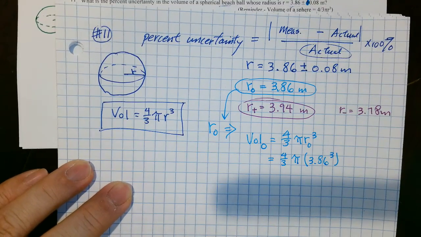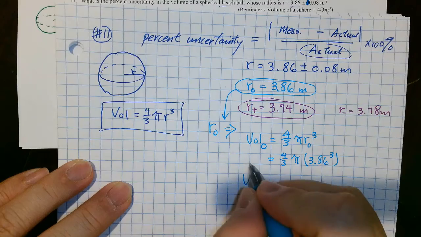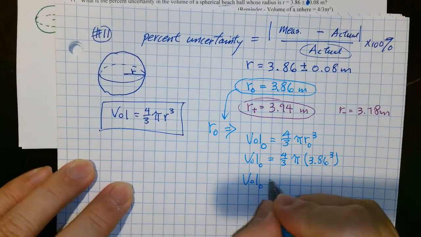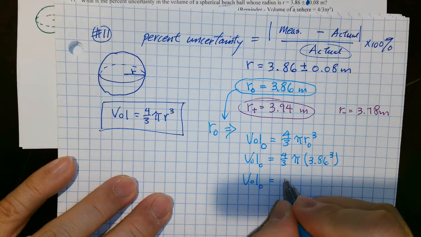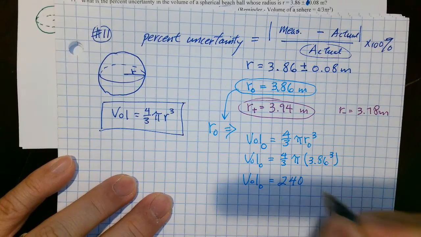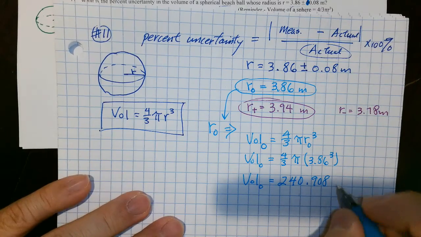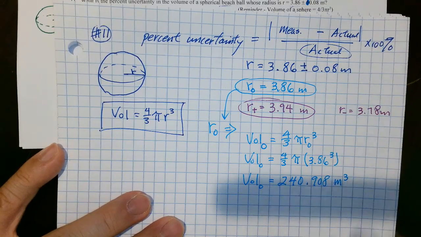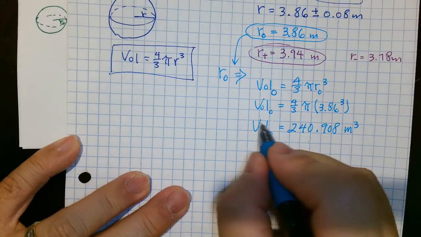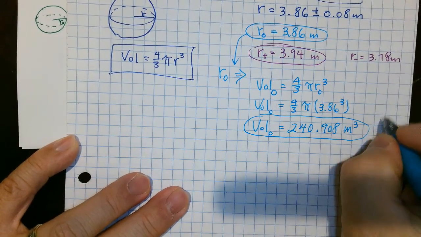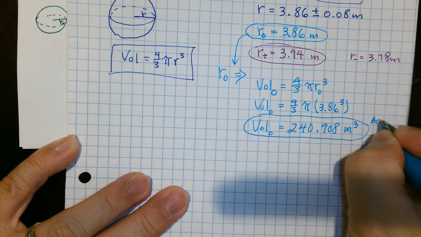When we calculate this volume with r naught, it becomes something like 240.908 meters cubed. It's good to know that, because we could think of this as the actual.